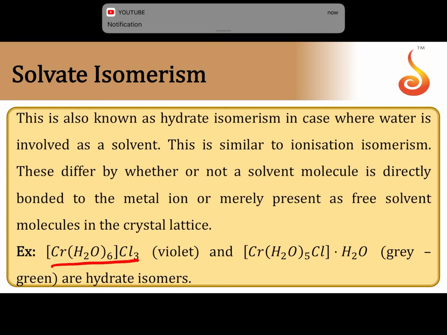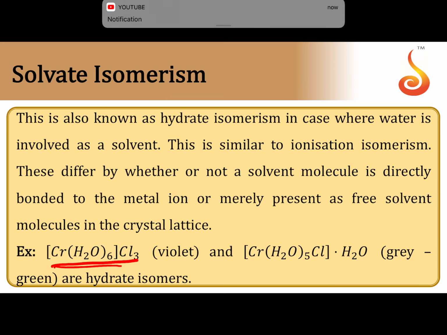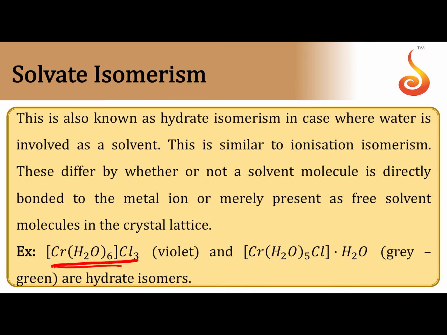Next, solvate isomerism. If H2O molecules are present in the complex, it exhibits solvate isomerism. In the first compound, there is no hydrate in the interstitial sites of the complex, but in the second one, there is one hydrate molecule. So these 2 complexes differ in the number of hydrate molecules present in the interstitial sites.